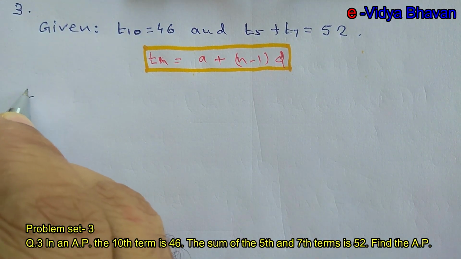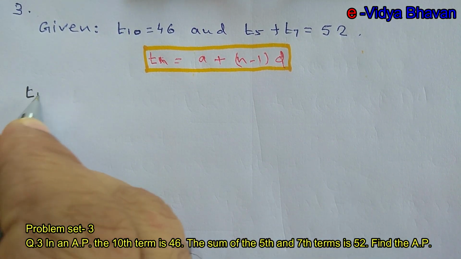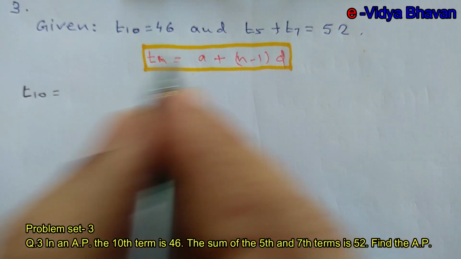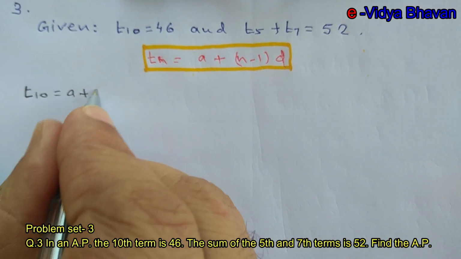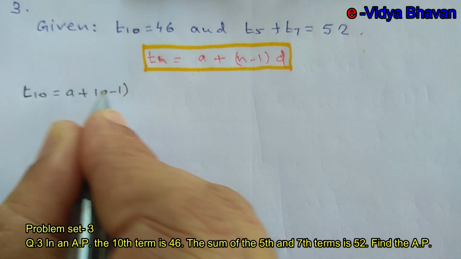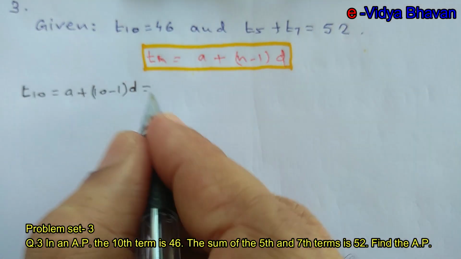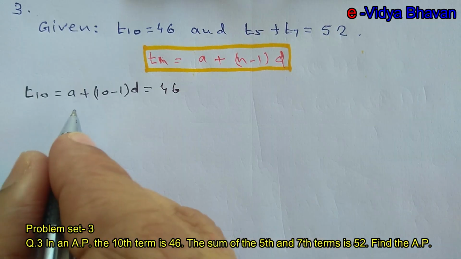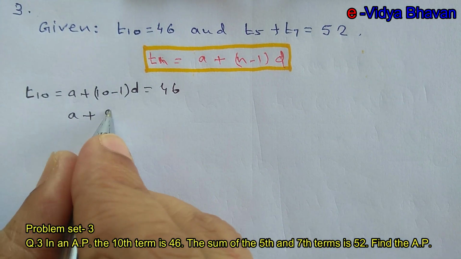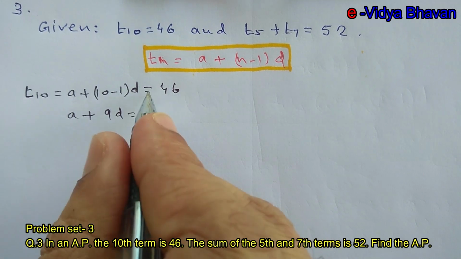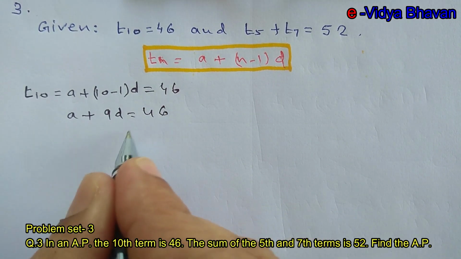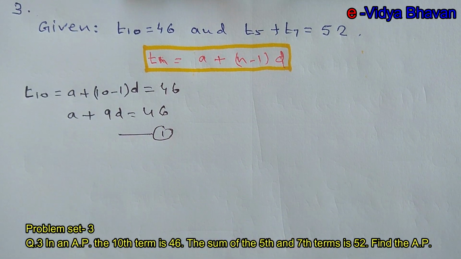So T10 is equal to a plus 10 minus 1 d is equal to 46. That is a plus 9d is equal to 46. And this will be our first equation.